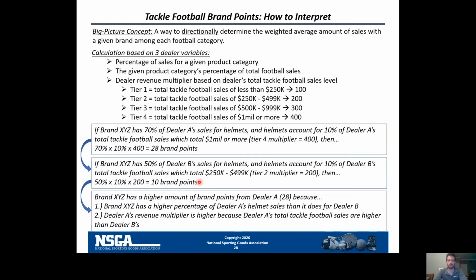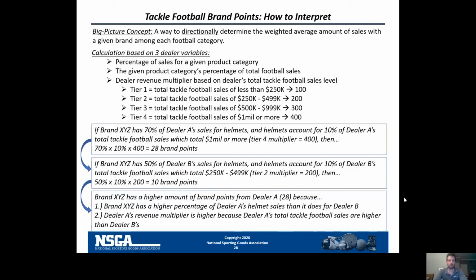And tackle football sales total between 250,000 and 499,000 for this dealer, giving them a revenue multiplier of 200. So then we take 50% of 10% of 200, or 0.5 times 0.1 times 200, and we get 10 brand points for this dealer.